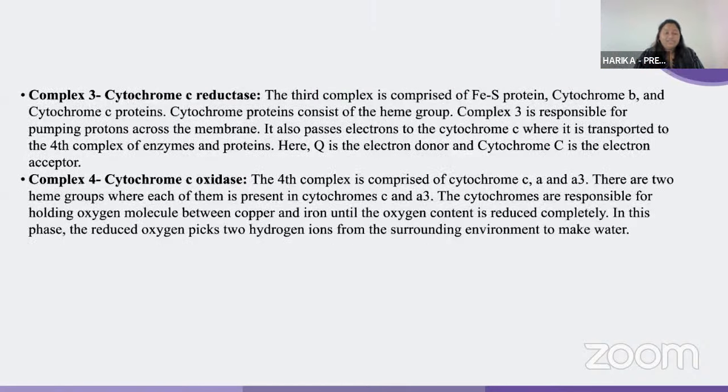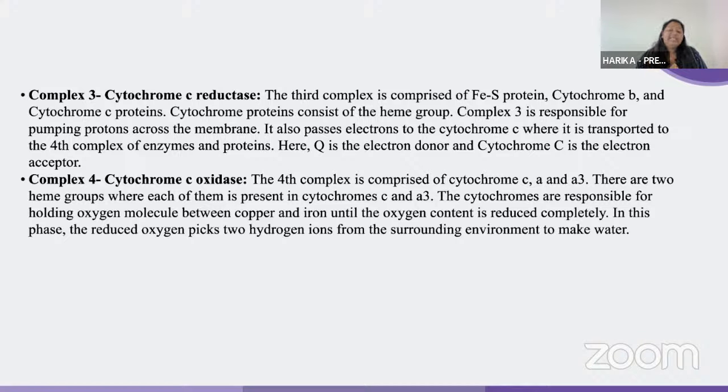Okay. Next step is complex 3, which is cytochrome C reductase. The third complex is comprised of iron-sulfur protein, cytochrome B and cytochrome C1 proteins. Cytochrome proteins consist of a heme group.